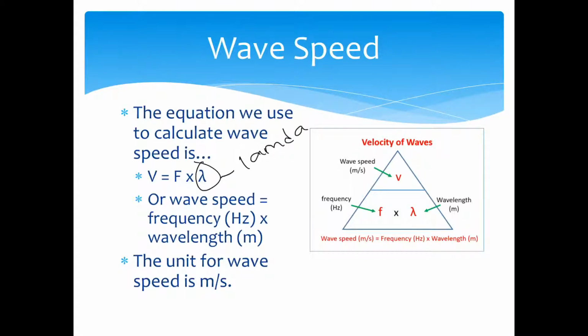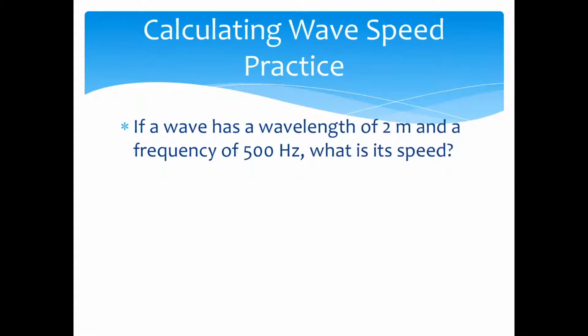So write it down either way that helps you. I would have it written down in both as a big recommendation, just in case on a test or something I ask you to identify what the Greek symbol is. The units we use for speed is meters per second, just like we've always done.